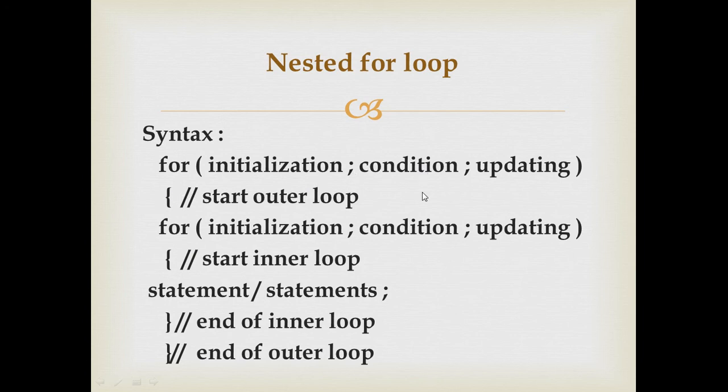If the condition is false, the inner loop is skipped from execution. For each iteration of the outer loop, the inner loop iterates until its condition is false. That means if the condition of the outer loop is true, then the inner loop executes and cycles until the condition of the inner loop becomes false.